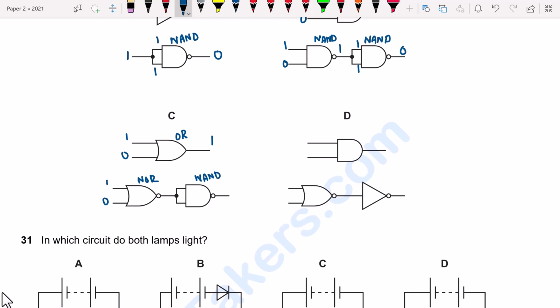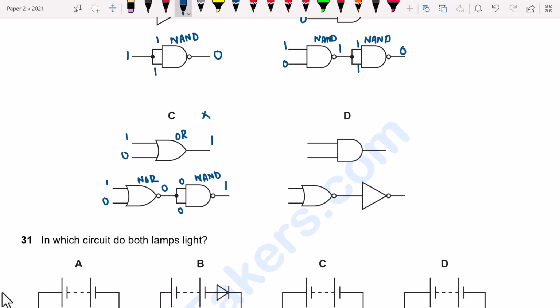A NOR gate is formed when we apply a NOT gate over an OR gate. So 1 and 0 changes into 1 by the application of the OR gate, and this changes into 0 by the application of the NOT gate. So here will be output 0. There will be 0 and 0. 0 and 0 by the application of the NAND gate changes into 1. So both of these outputs are the same. It means that option C is also incorrect.